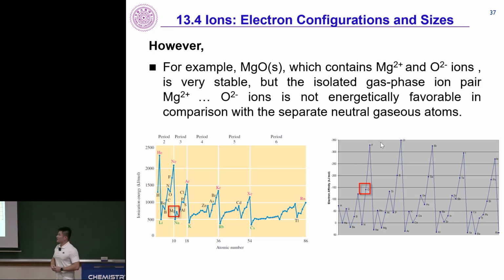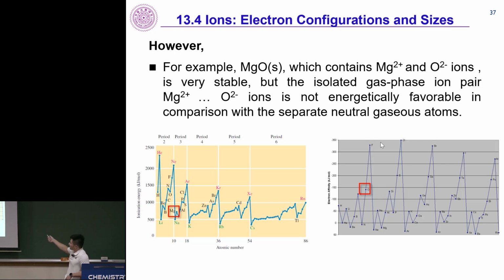However, like I mentioned last time, right? If the story is that simple, then this chart wouldn't make any sense. However, when we did the experiment and measured the ionization potential and electron affinity, we realized this doesn't add up, like I mentioned last time. For example, magnesium oxide, which contains magnesium 2+ and oxygen 2- ions, is very stable, but the isolated gas-phase ion pairs are not stable.